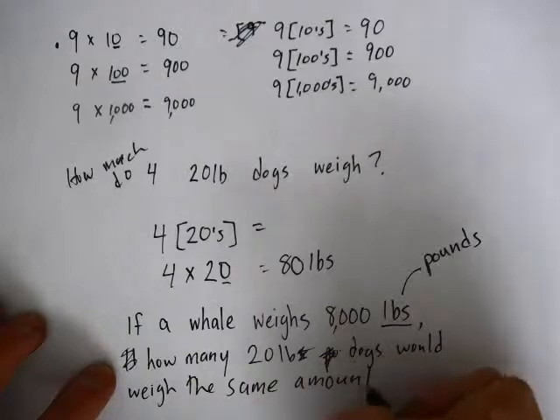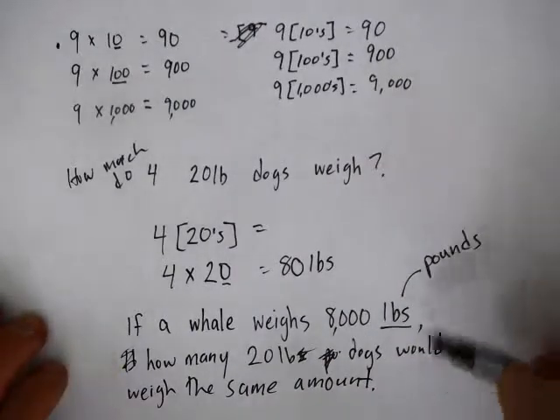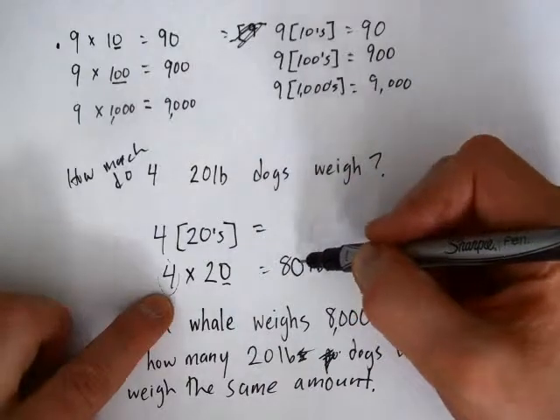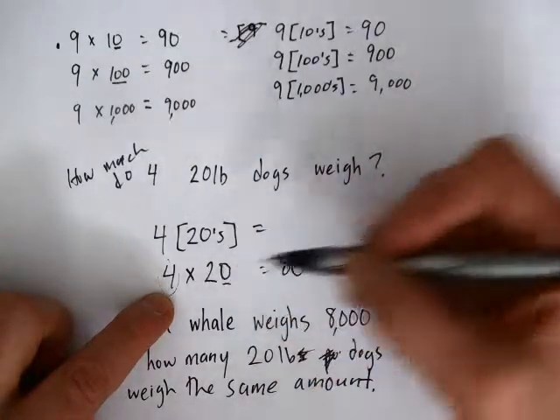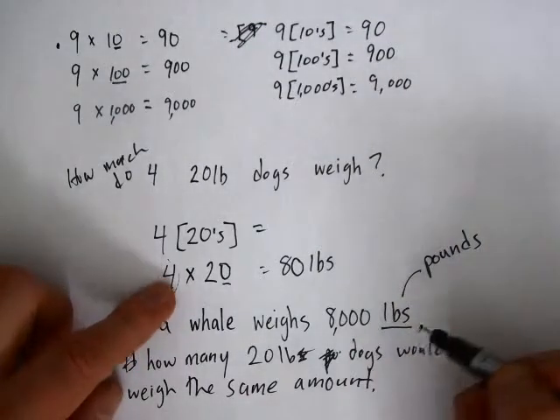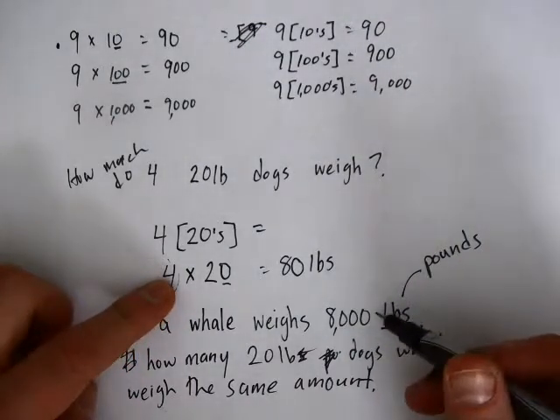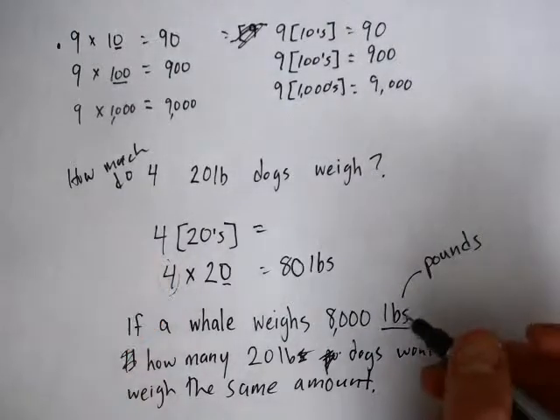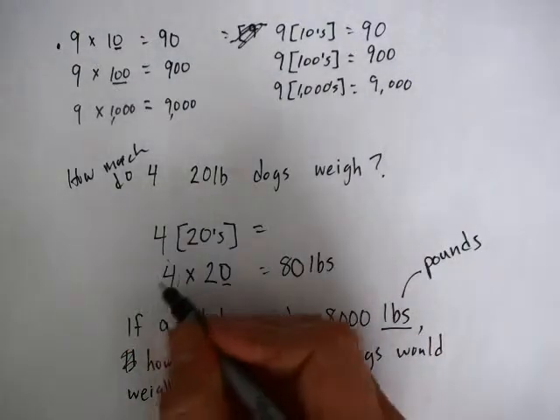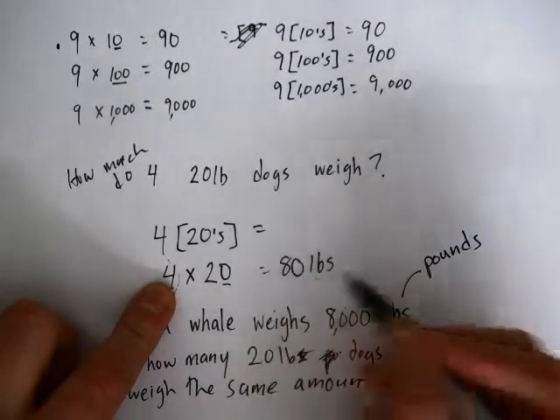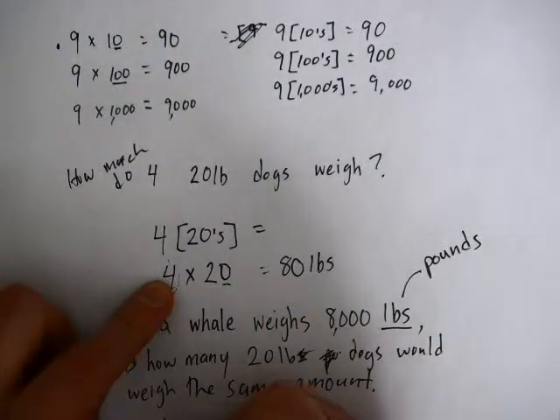So I already got this kind of problem started. We know that 4 20-pound dogs weigh 80 pounds. So if 4 20-pound dogs weigh 80 pounds, then how many 20-pound dogs would weigh 8,000 pounds? That's kind of the question I have to ask myself. This is how it would go. 4 would weigh 80 pounds. So let's say I had 40 dogs.